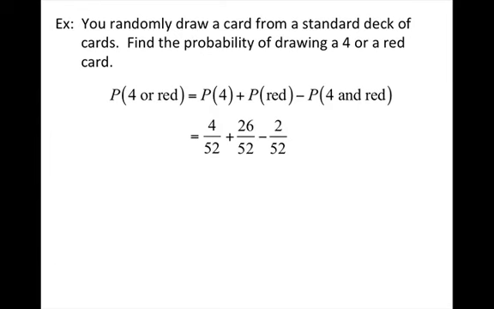Those 2 cards were counted when I counted my 4s, and they were also counted when I counted my red cards. So they've been included twice, so I need to take them out one time. If I add these fractions, I get 28 out of 52, and then reduce that, the probability of drawing a 4 or a red is 7 out of 13.